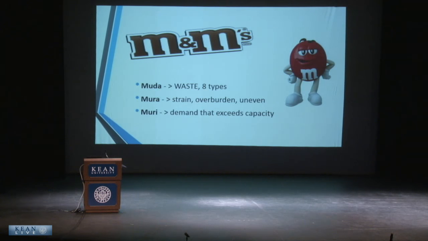Maybe 2 weeks before the start of a semester with registration. That might be a MURA period. MURI, where demand exceeds capacity. That's mostly for manufacturing. It may apply in some instances here. If you find one as we work through this, I welcome you to raise your hand and point it out. Okay, MUDA's the big one for us. Actually, MUDA and MURA.